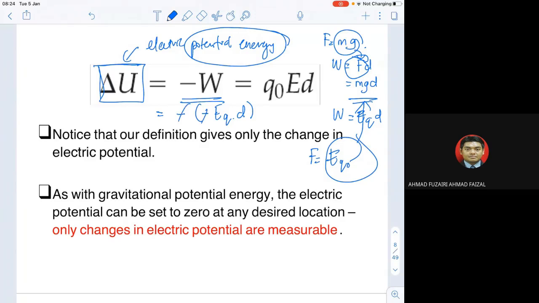So that's how we get positive. In the end, delta U is E Q d. And as with gravitational potential energy, the electric potential energy can be set to 0 at any desired location.